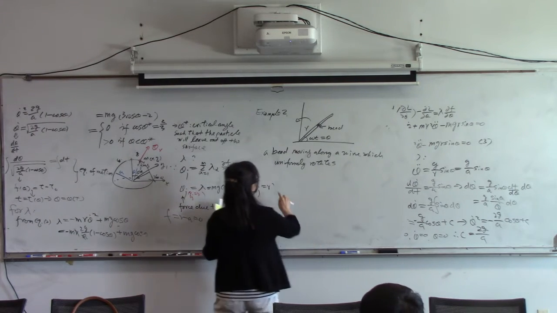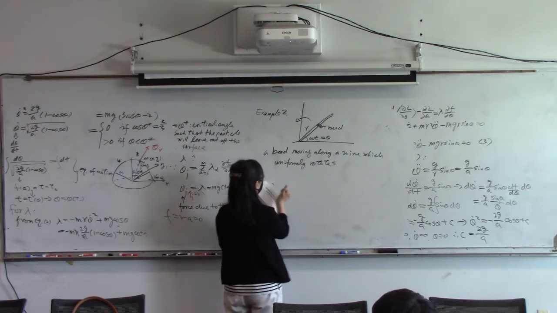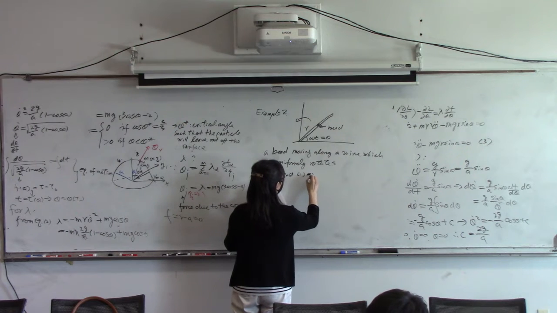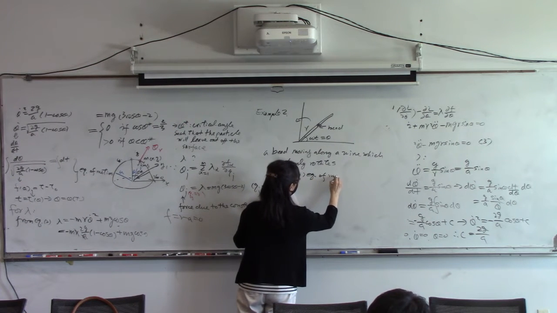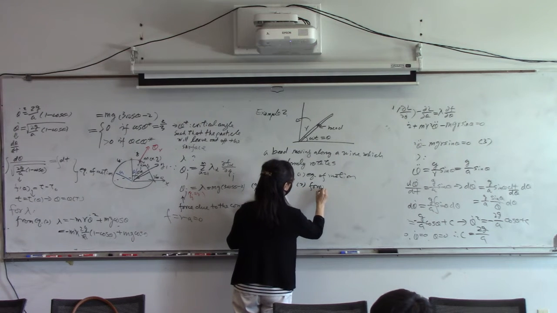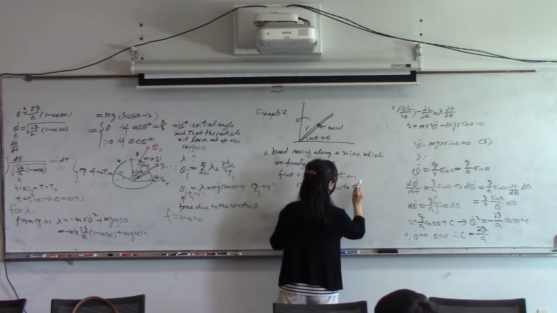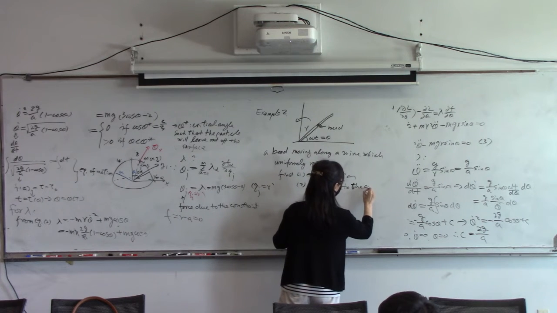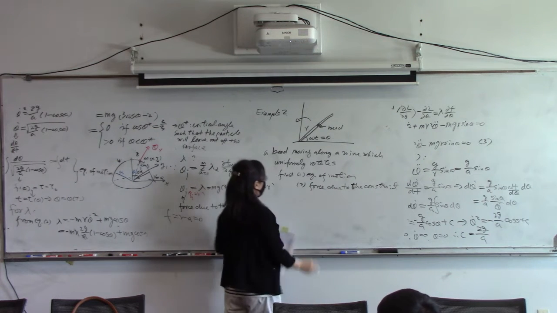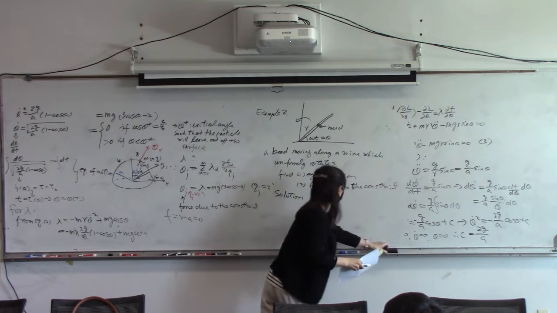But now we are going to revisit this problem. We are going to solve for, one, the equation of motion, and second, the force due to the constraint. So now let's do the solution.